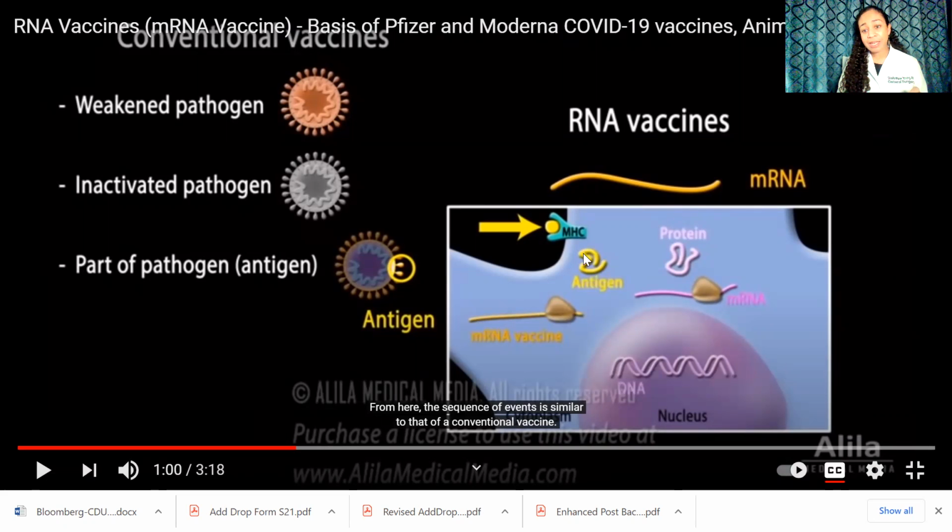And then this antigen is created. It is put here on the cell. And then it's identified by your immune system as a cell that has been compromised. And your immune system then will go and kill the virus infected cell.